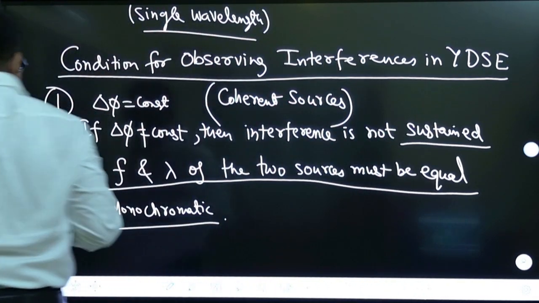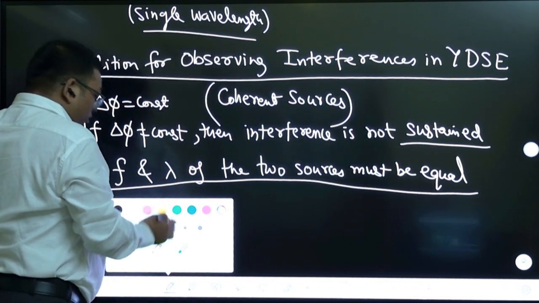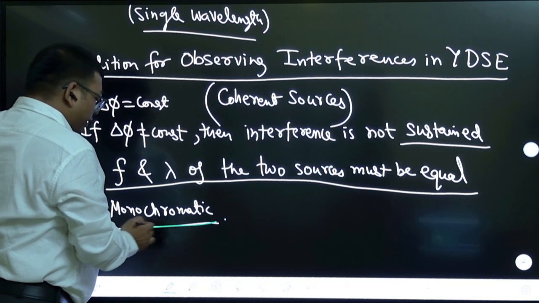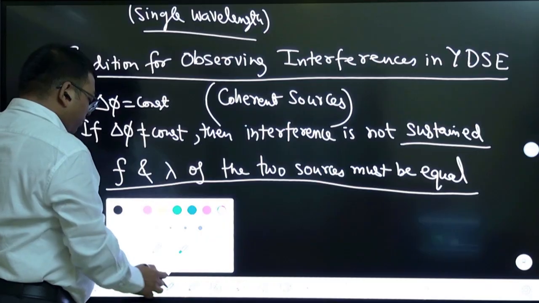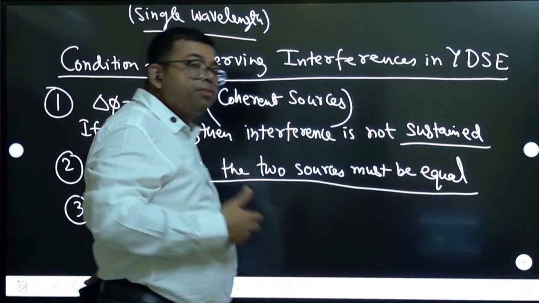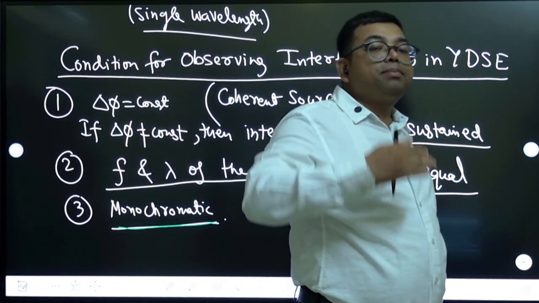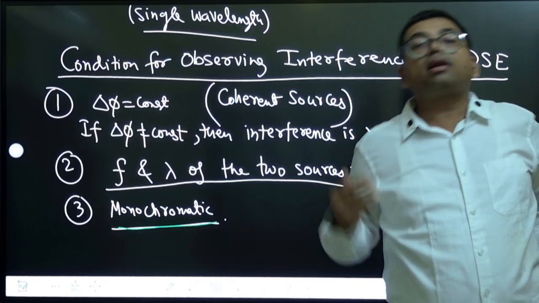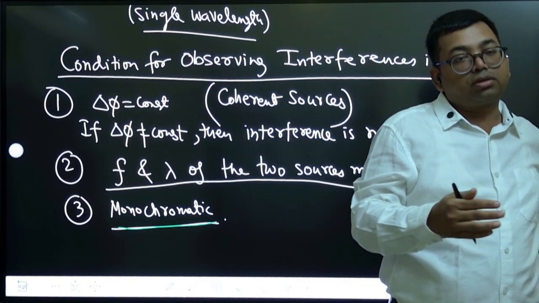So, the idea is that the light is not a monochromatic light. If light is a mixture of two or more different colors, then each color will produce its own pattern, and the pattern of one color will overlap the pattern of the other colors.